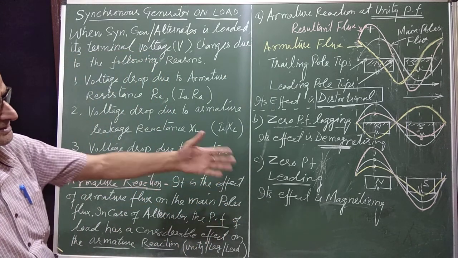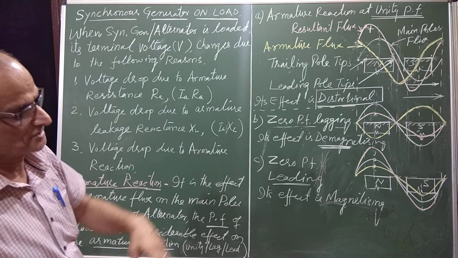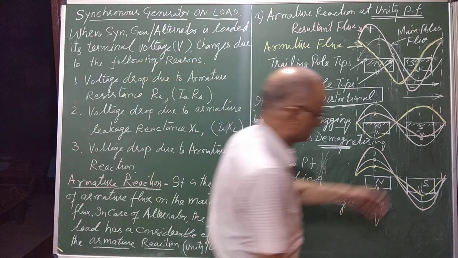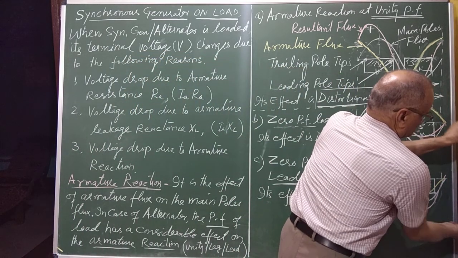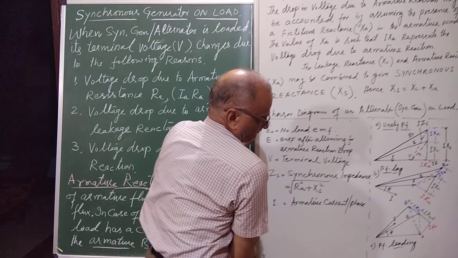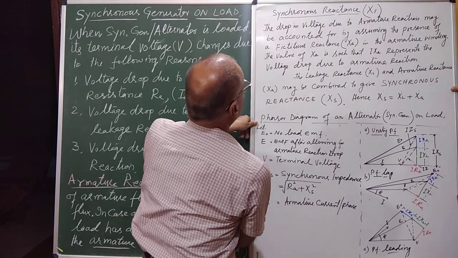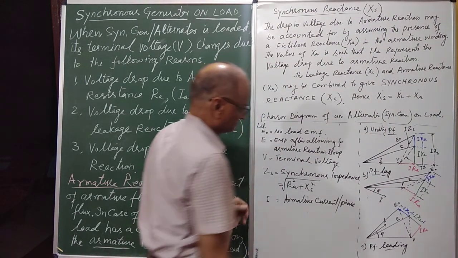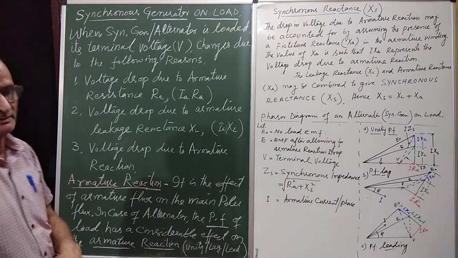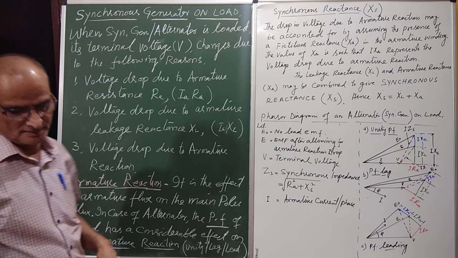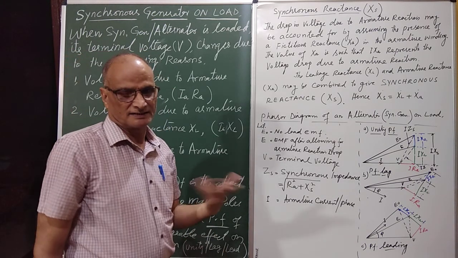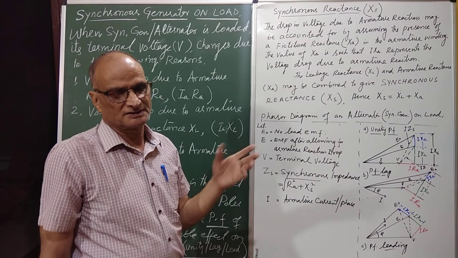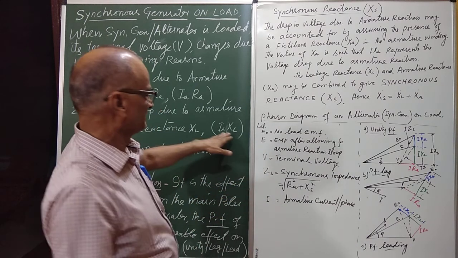Next we will discuss the phasor diagrams of the alternator on load. So in RL circuits, we have discussed only armature resistance and leakage reactance.